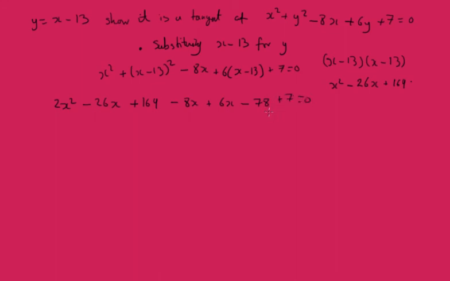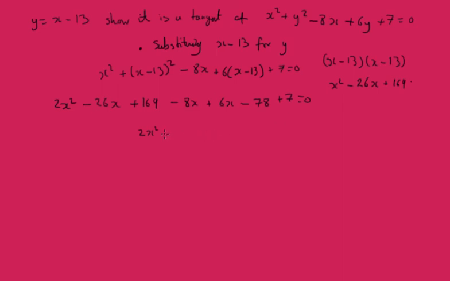Now we're going to gather the rest of our terms together, so we will have 2x squared. Now we've got minus 26 minus 8 and a plus 6.